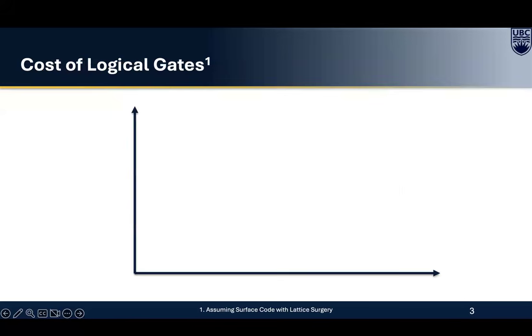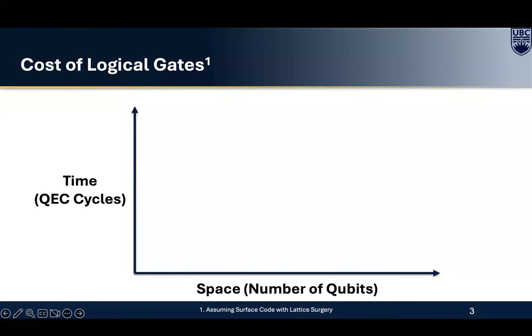For those logical gates, there's a cost associated with each of them. Usually there are two dimensions that we can measure the cost. The first dimension is the space cost, which is typically the number of qubits you would need to realize this operation. Another dimension is the time cost, which is usually measured in QEC cycles. First of all, the single qubit Hadamard and the CNOT gates have moderate costs in both the space and time directions.